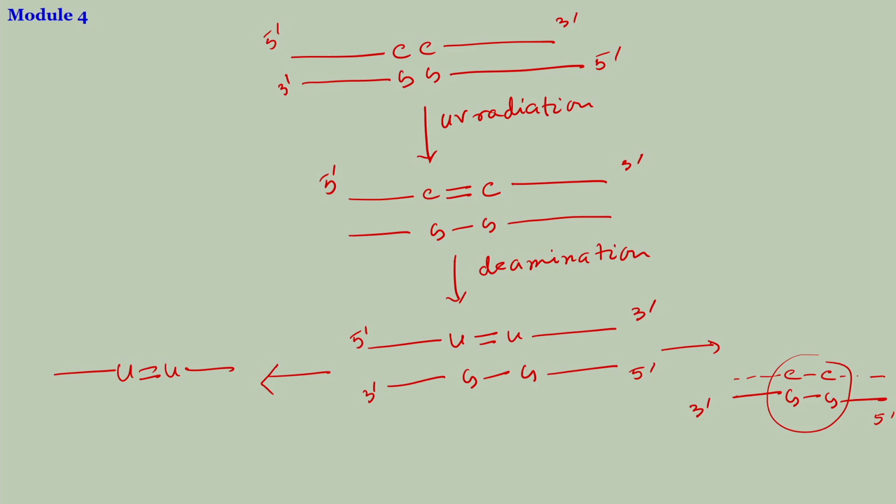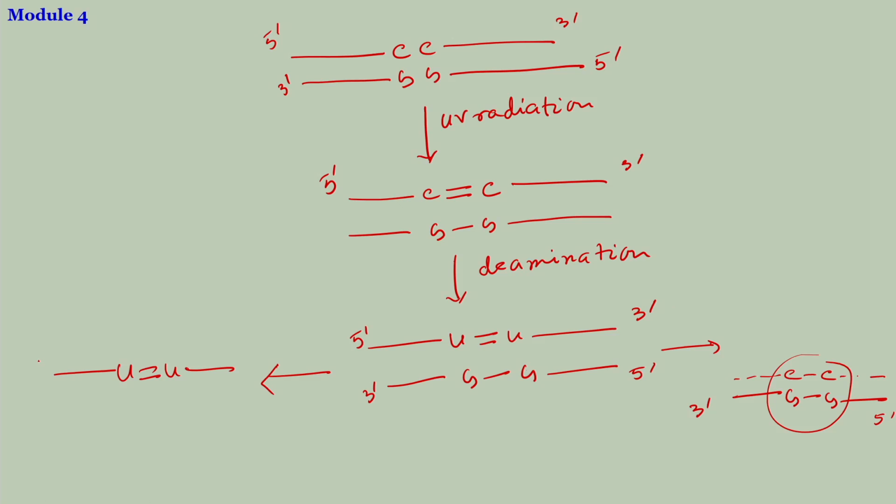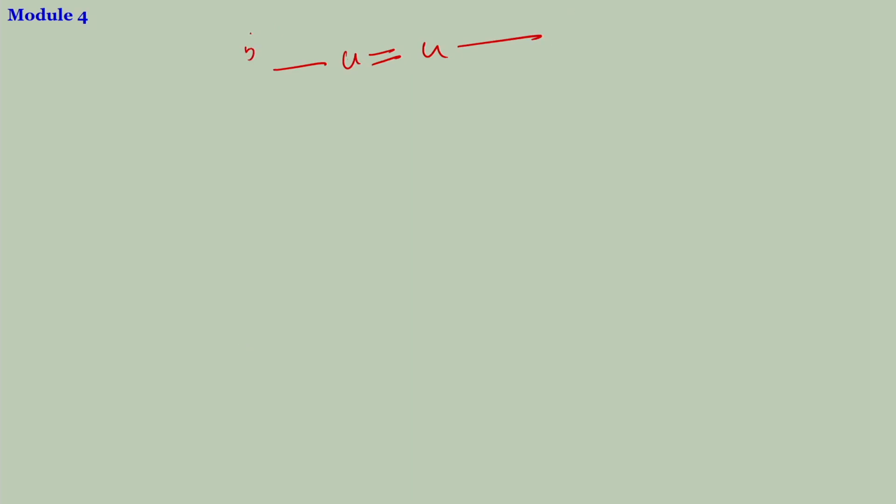Then what is the problem that is going to happen? So, you have now the uracil and this was in 5 prime to 3 prime orientation. Now, uracil does not exist in DNA. In DNA what exists is thymine, right.